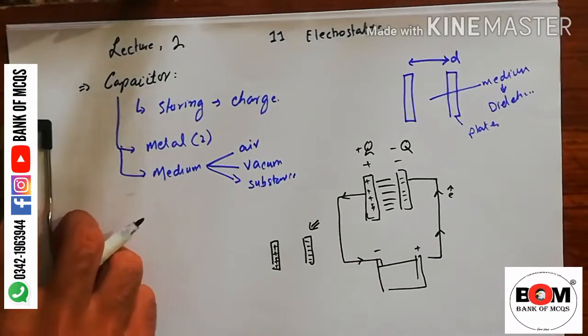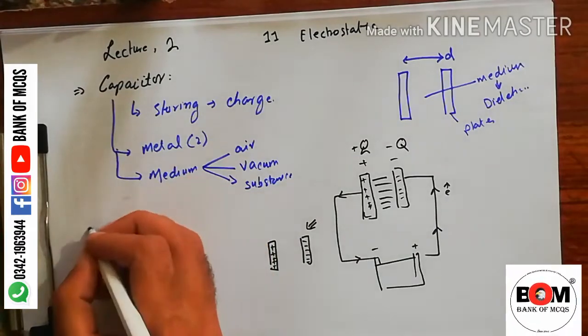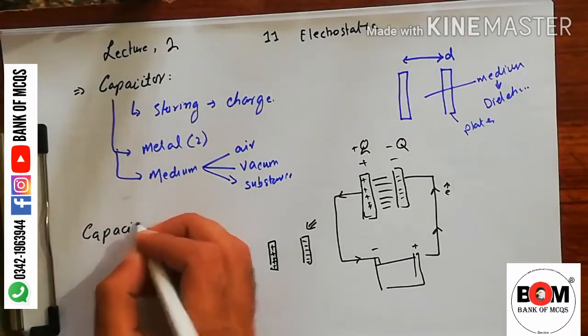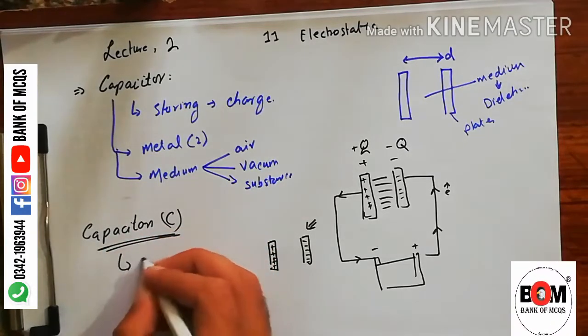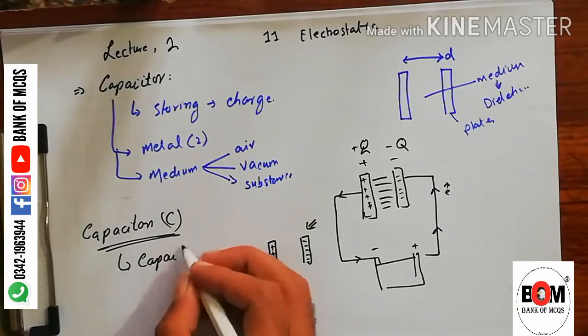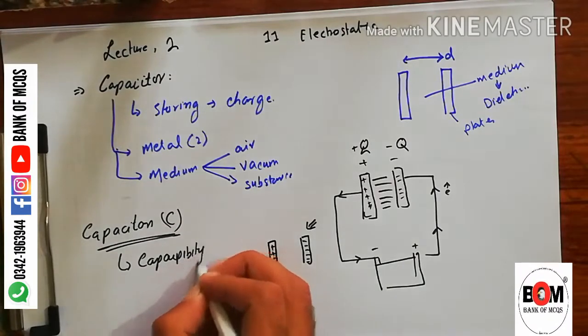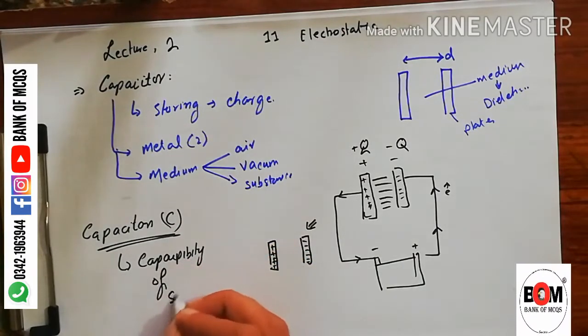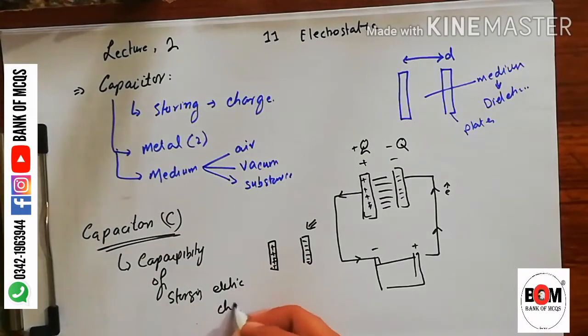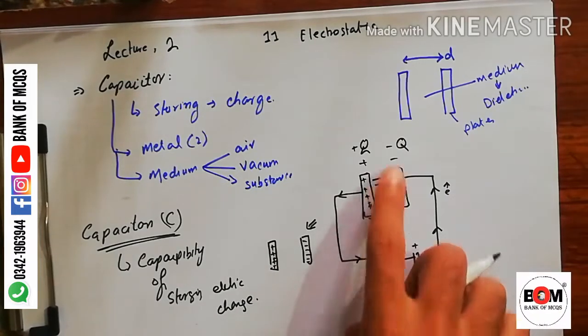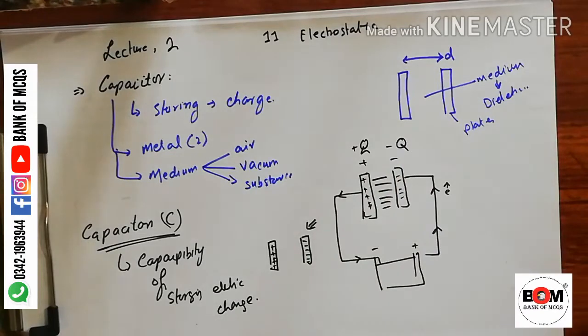Now the capability of a capacitor to store charge is called capacitance, represented by C. So capacitance is the capacity of storing electric charge. When a charge Q is transferred to one plate of a capacitor, the potential difference between the two metal plates increases.